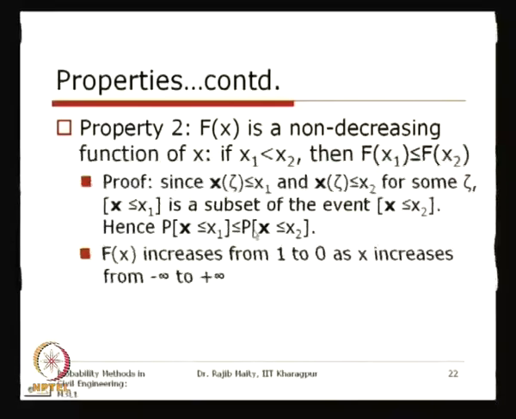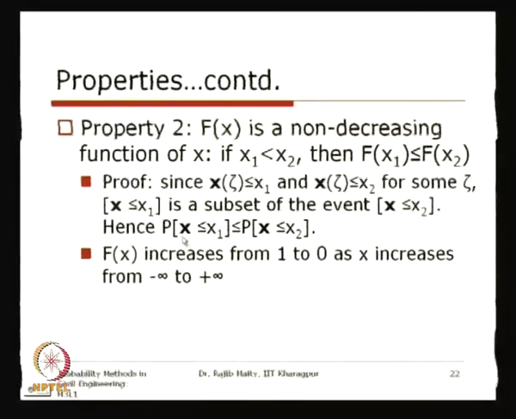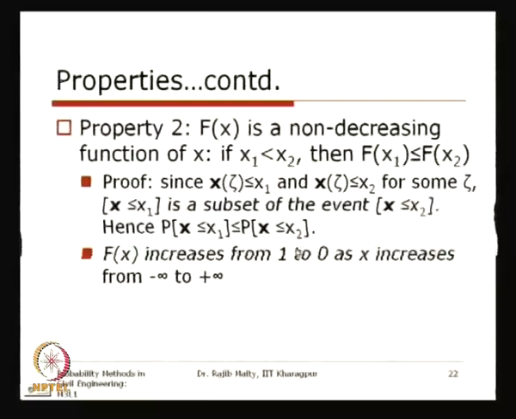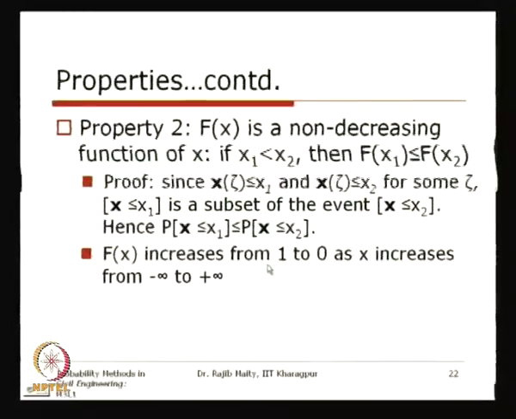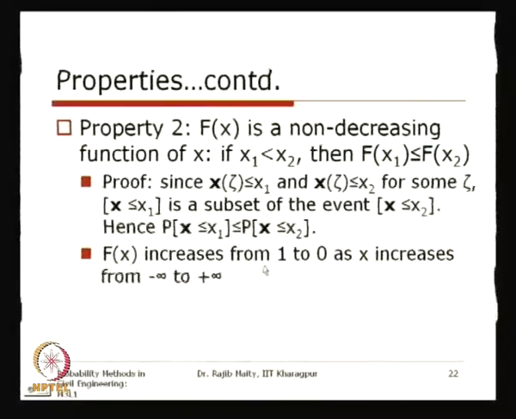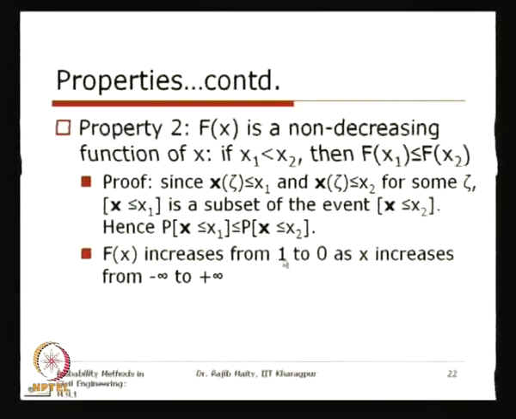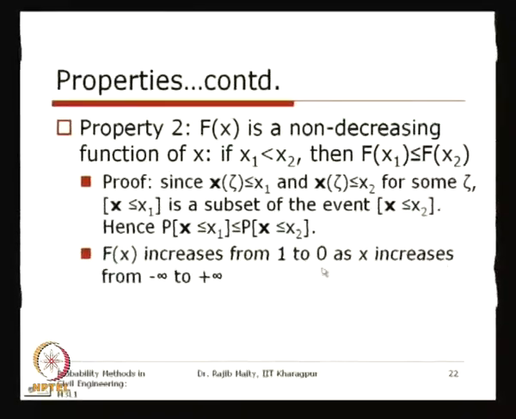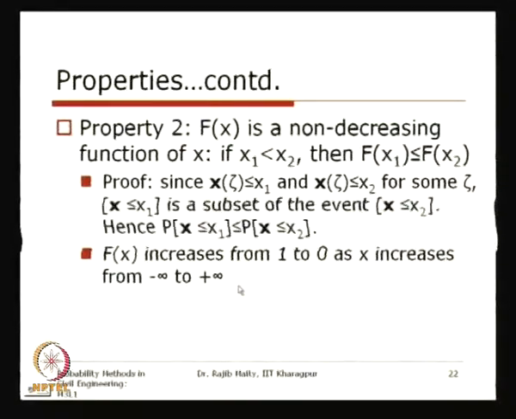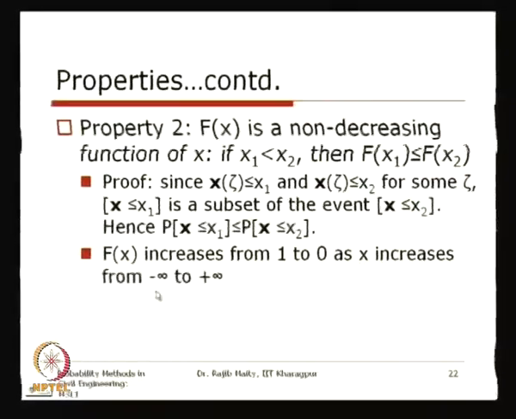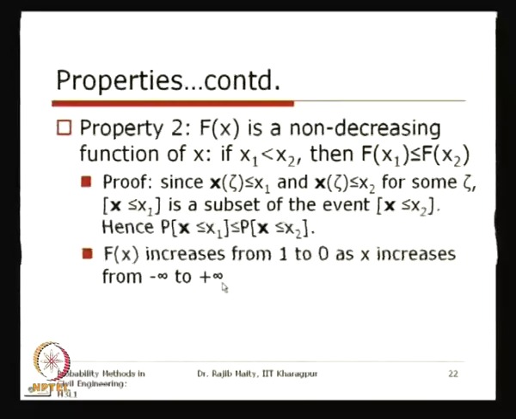If it is a subset, then obviously the probability of this should be less than or equal to the probability of X less than or equal to x2. F of x increases from 0 to 1, sorry for this mistake, F of x increases from 0 to 1 as x increases from minus infinity to plus infinity.